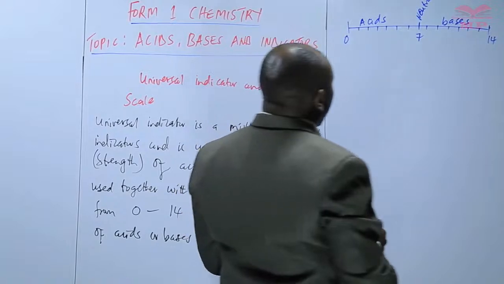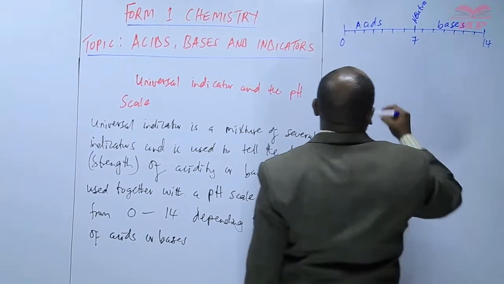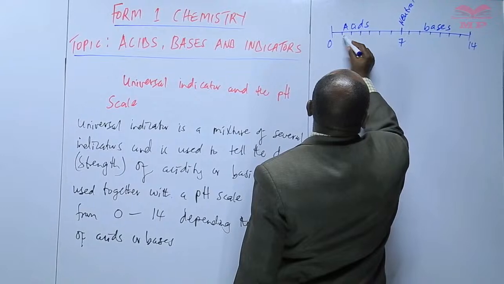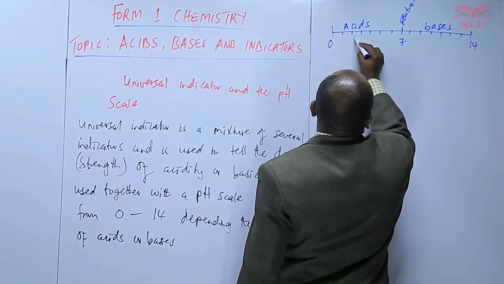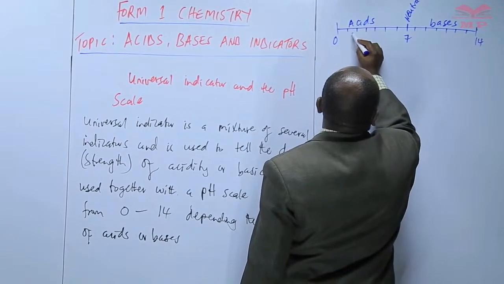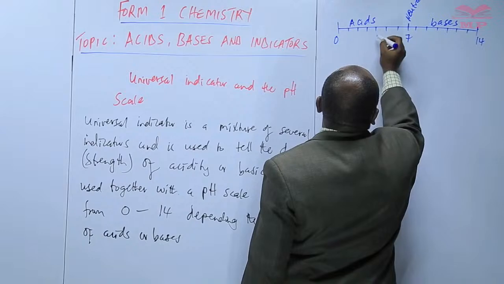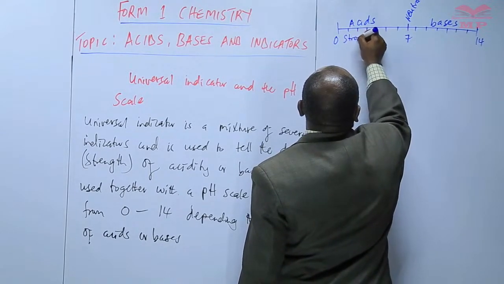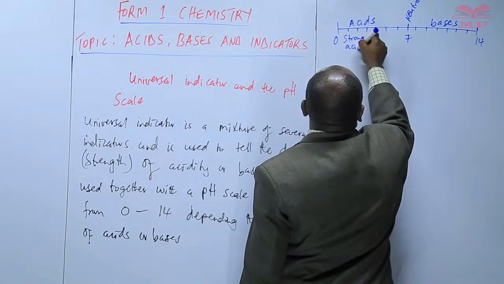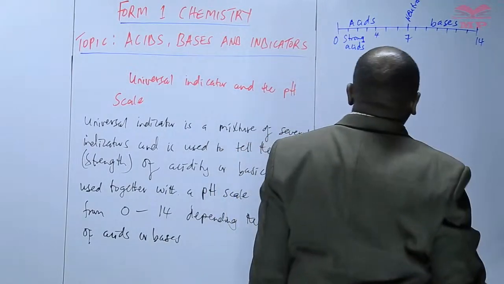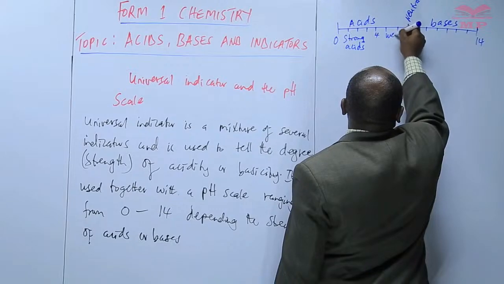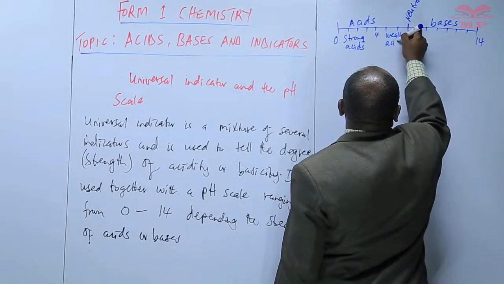So at pH value between 1 and 4, 1, 2, 3, up to 4 here, these are strong acids. Between 4 and 7, these are weak acids.